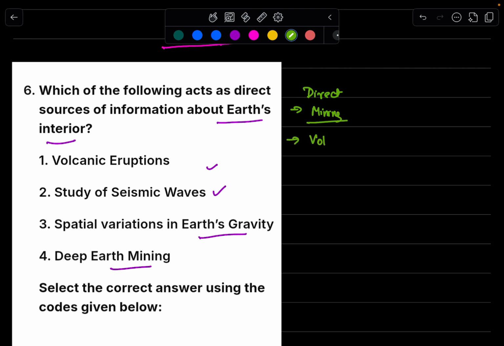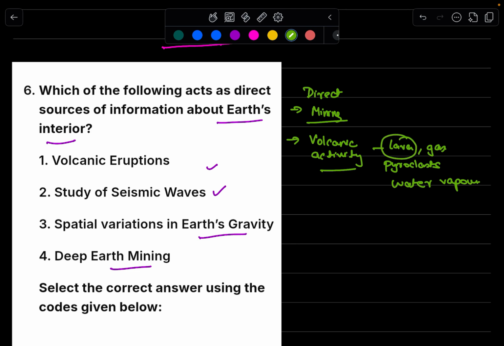For example, volcanic activity. All the interior parts of the earth, especially lava, gas, pyroclasts, water vapor, everything comes out during volcanic activity. So we do understand through volcanic activity how the earth is made up.